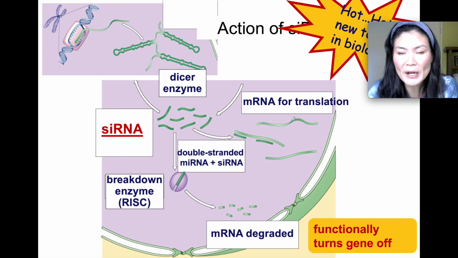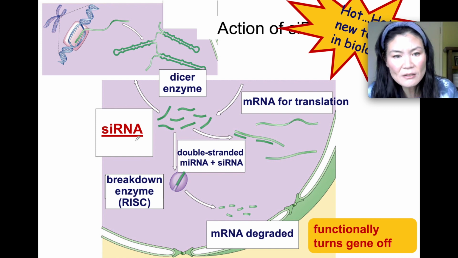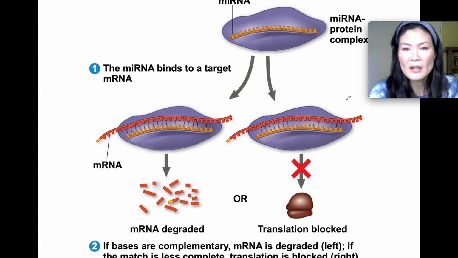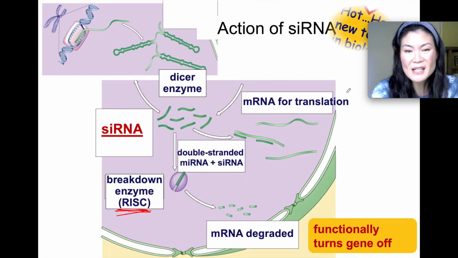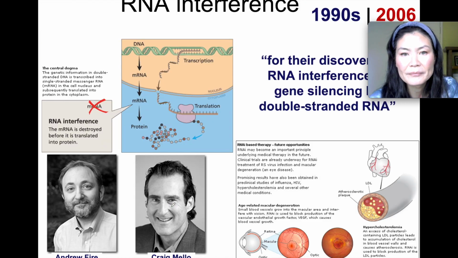Okay, so this is a brand new topic. It's pretty new to our textbook, but this is just showing you how mRNA is degraded. There is a protein called RISC that dices up that mRNA in this example. The miRNA with the protein is going to dice it up. But if it's siRNA, which is very similar to miRNA in that there are short sequences of RNA that target the mRNA, RISC is going to go ahead and degrade the mRNA.